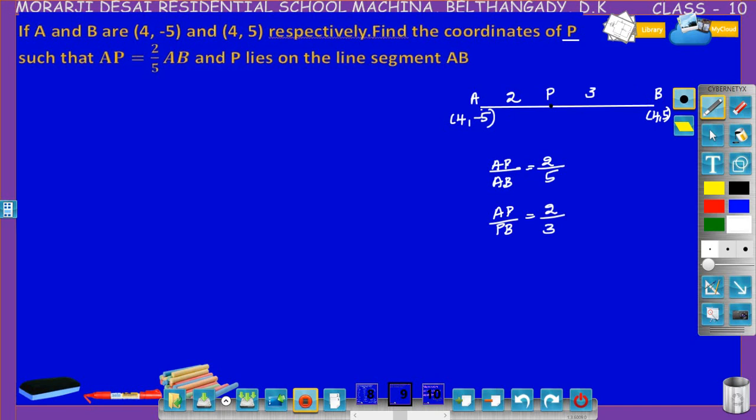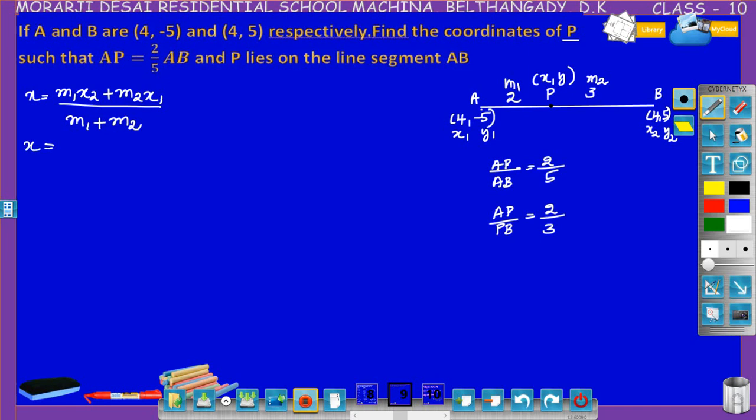Now first endpoint is x1, y1. This is x2, y2. Then coordinates of point P as x, y. Then m1 and m2. Now you have to find the coordinates of P, that is x and y. X is equal to m1 x2 plus m2 x1 divided by m1 plus m2.